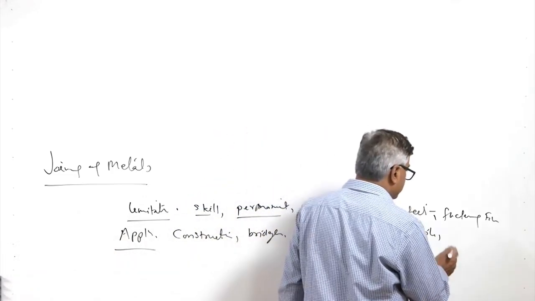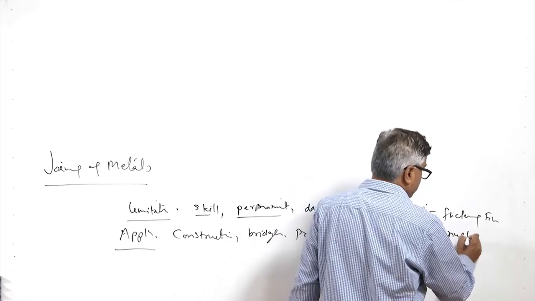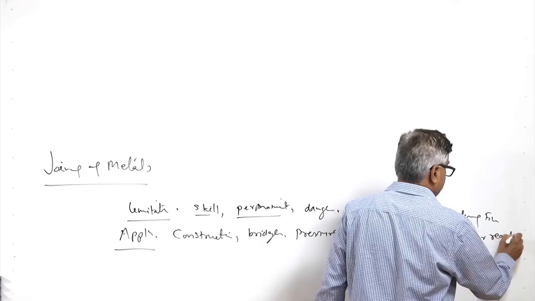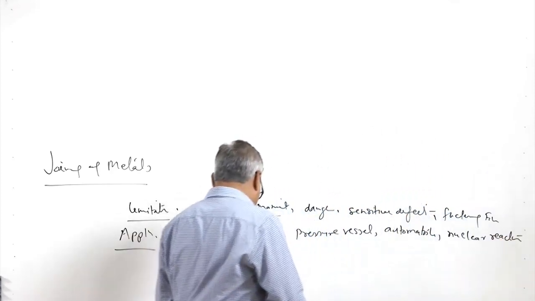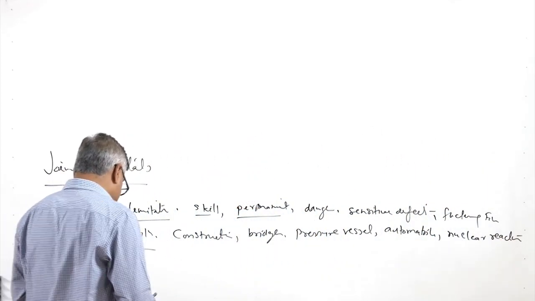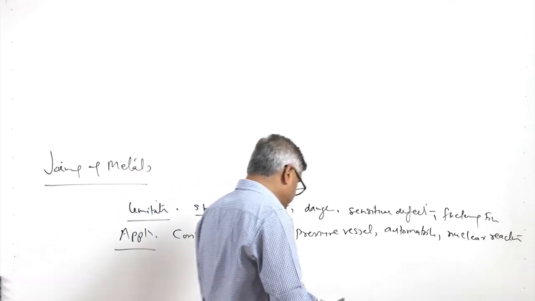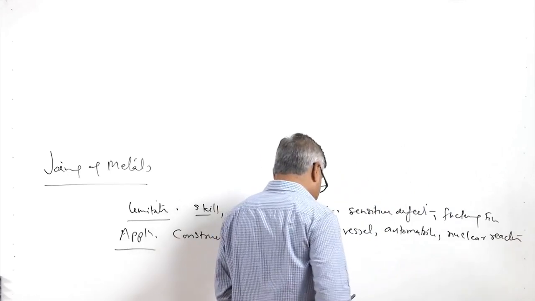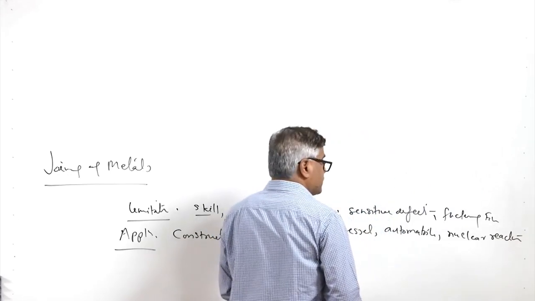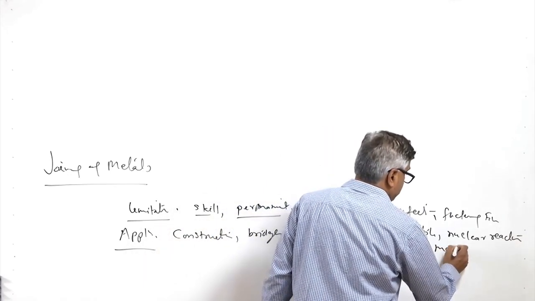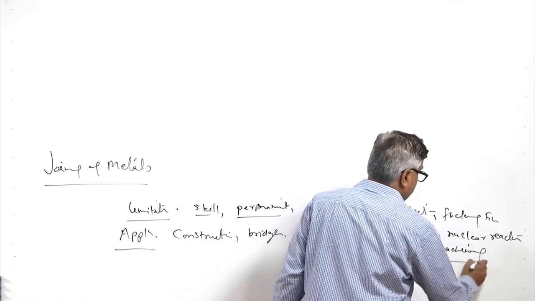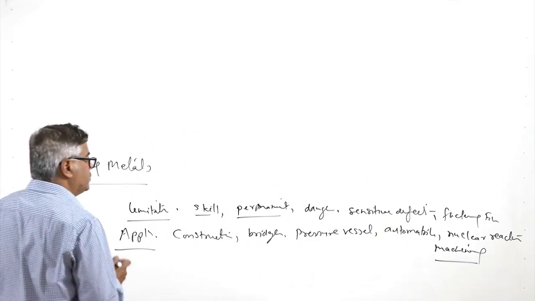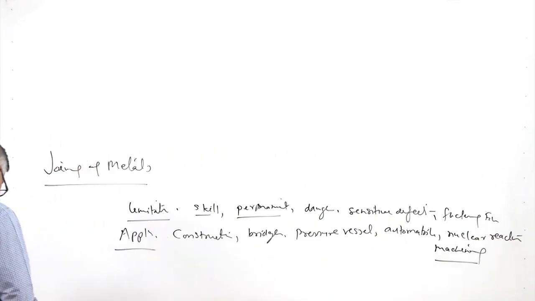And then in energy sectors like nuclear reactors there will be joints, and it also includes pressure vessels and fabrication of machinery. So many machines, whatever we see all around us, need joining of different kinds.